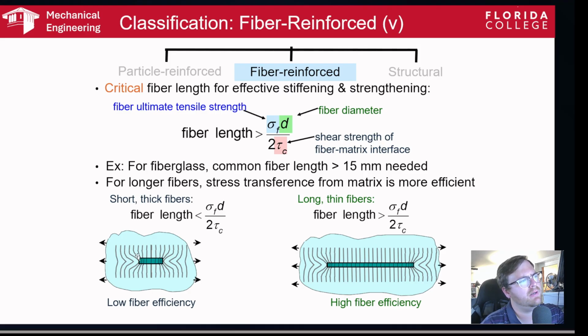You can see we have a low fiber efficiency, meaning there are very few straight lines compared to the number that are distorted. Whereas with a longer fiber, we have higher fiber efficiency, which means it's carrying more load. Compared to the distortion caused by the end of the fiber, there are a lot of straight lines in between, showing that the stress is being carried.